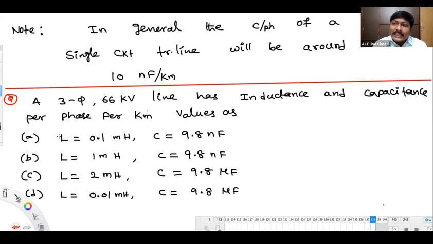We already know inductance per phase will be in the range of 1 millihenry per kilometer to 1.2 millihenry per kilometer. Which value falls in that category? Option B, 1 millihenry. How is the capacitance value? It will be around 10 nanofarad by kilometer, and for the same option they have given 9.8 nanofarad. It's a suitable number. So the correct answer will be B. All of you getting it?